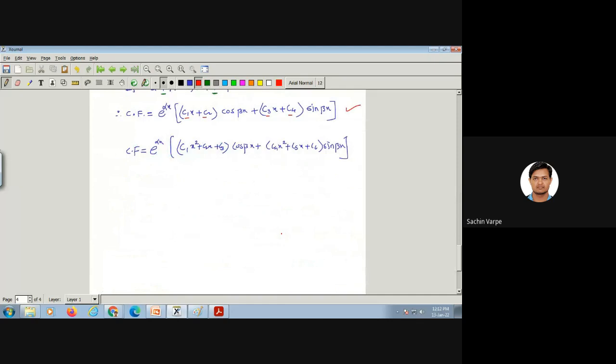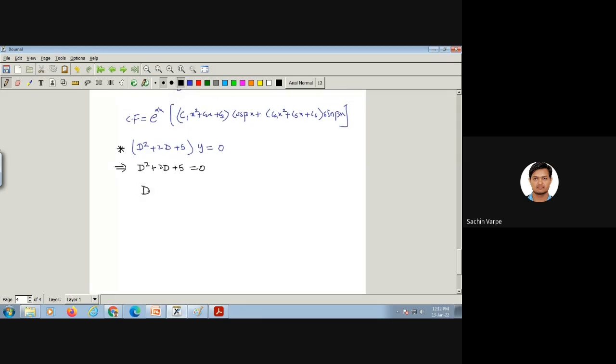Okay. So for example, if we have the question: solve (d square plus 2d plus 5) y is equal to 0, then what are the roots for this? Its auxiliary equation is d square plus 2d plus 5 is equal to 0. So what are its roots?